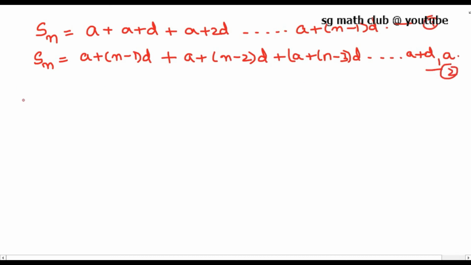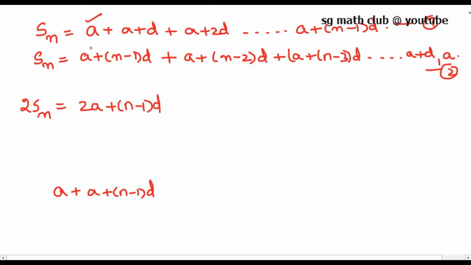We are going to add: Sn plus Sn is 2Sn. Now if you add, a plus a plus n minus 1 into d is 2a plus n minus 1 into d. So I have added the first term and the first term from the second row. Next I am going to add a plus d and a plus n minus 2 into d.